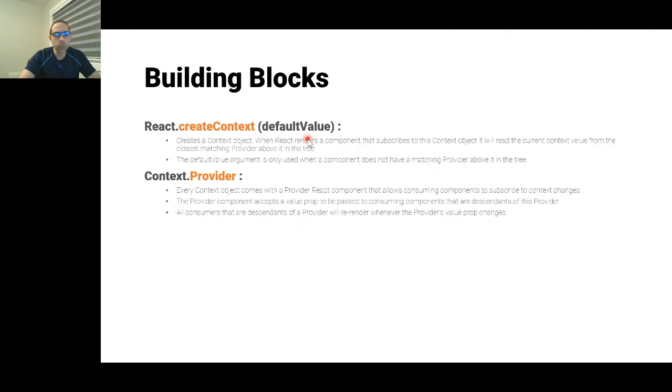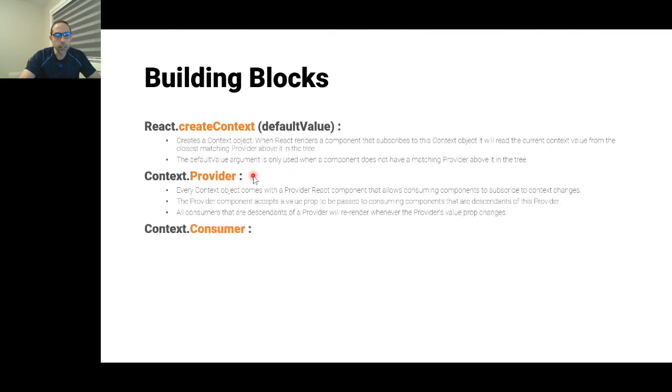Something worth mentioning, which will be talked about at the very end: keep in mind that every time the provider updates, or the context gets an update, all the consumers will be re-rendered. Just keep that in mind because we will talk about some performance optimization at the very end.